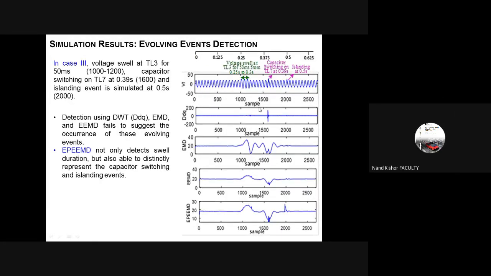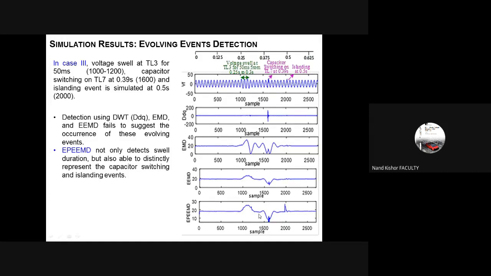Then we had some more study. As I said, the signal property of capacitor switching and the island are very close. For this case, we have the swell, and then we have the capacitor switching and islanding taking place in succession.